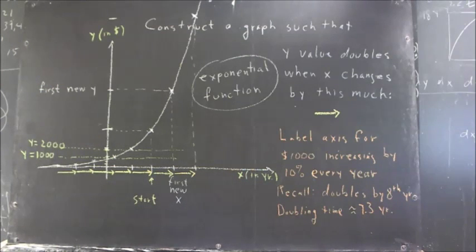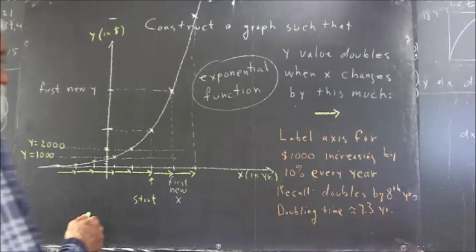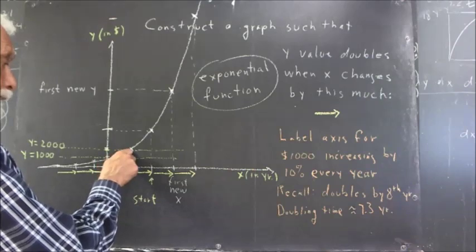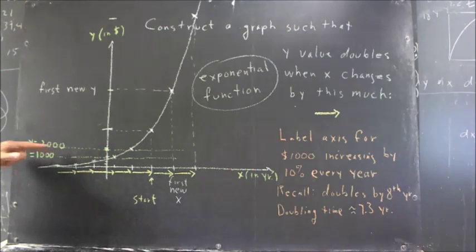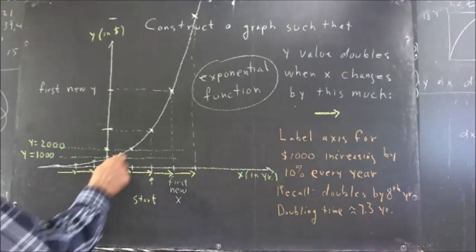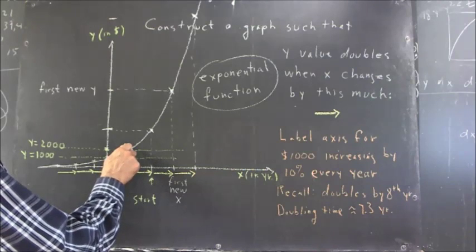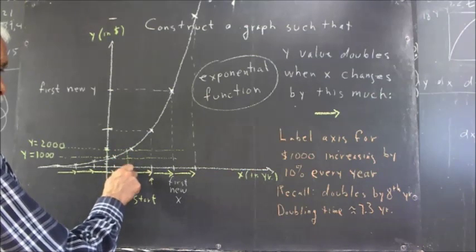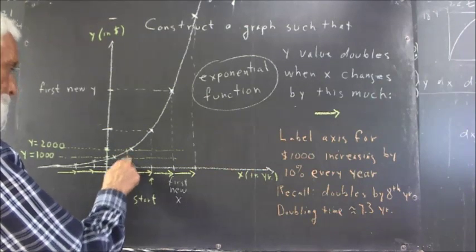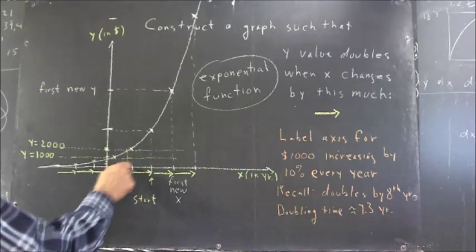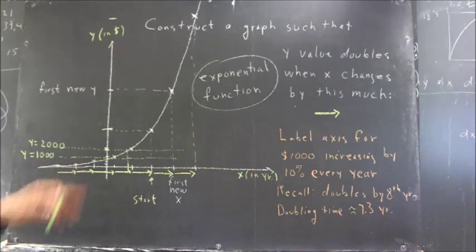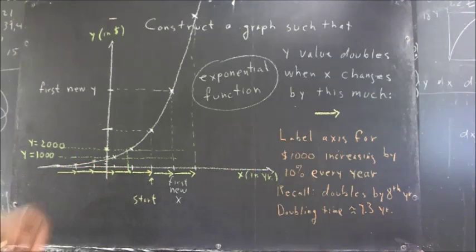Now we know that the amount doubles, so at the point where the graph intersects the line for y equals 2,000, we know that the amount will have, by that point, doubled. So right here is the doubling time from here to here.